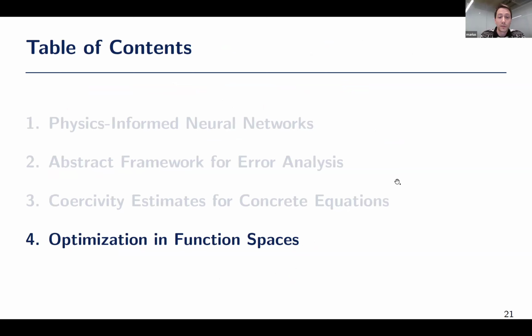So with that, I'll end the part on the error analysis and move forward to optimization methods, now changing gears away from PINNs to more general problems. But maybe if there are questions concerning the error analysis, this might be a good time to ask them.